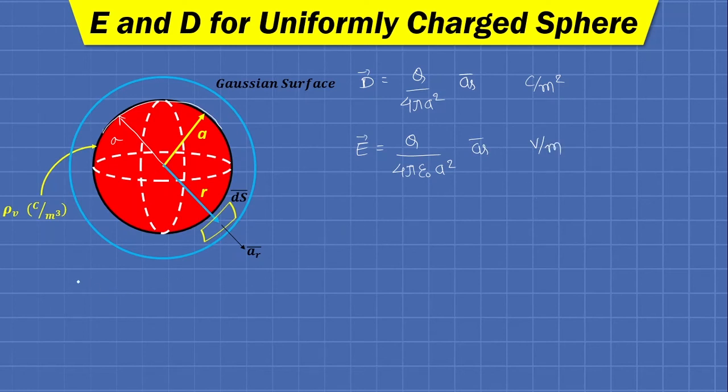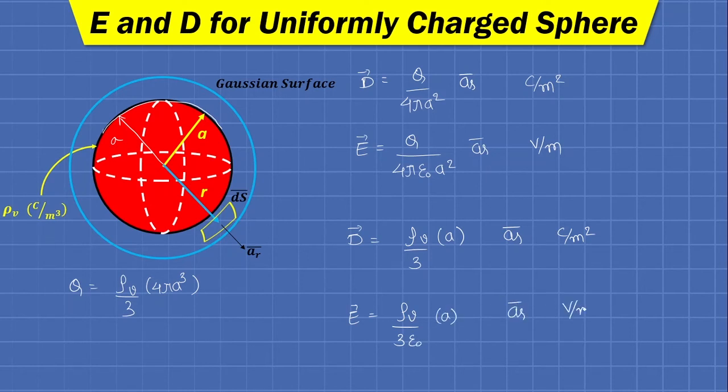Now if we write q equals rho v into 4 pi a cube divided by 3 and put this in these two equations, then we will have D bar equals rho v by 3, 4 pi will cancel out, multiplied by a ar bar coulomb per meter square, and E bar equals rho v upon 3 epsilon naught multiplied by a ar bar volt per meter. So these are the values of flux density and field intensity on the surface of the uniformly charged sphere.